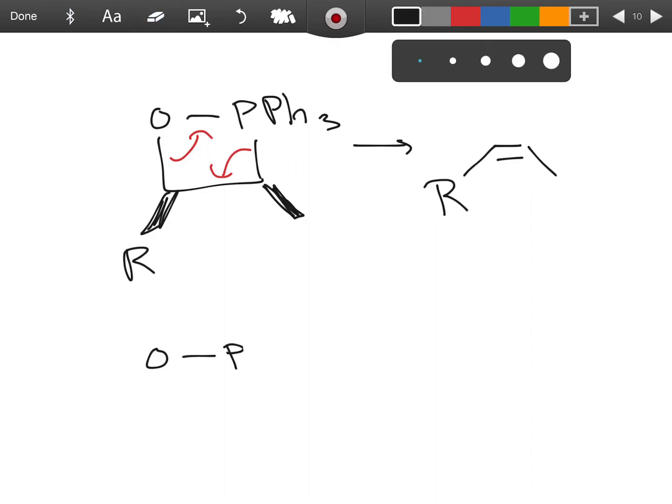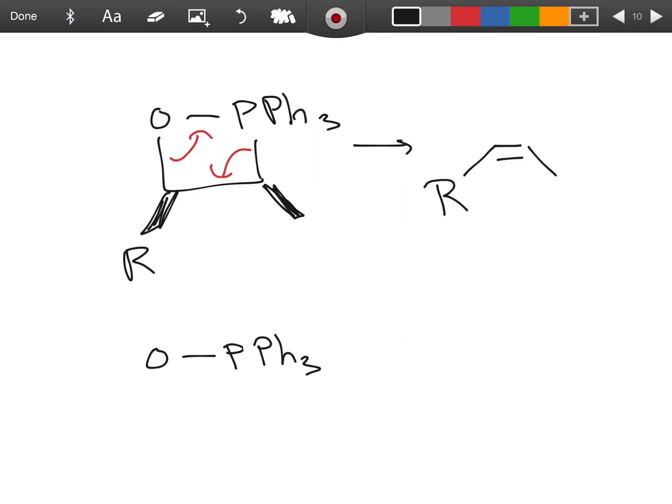If they're on opposite sides, you would think they would end up on opposite sides of the product, right? Since this is, remember the term concerted pericyclic reaction?